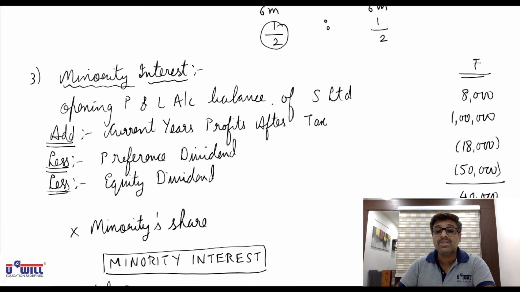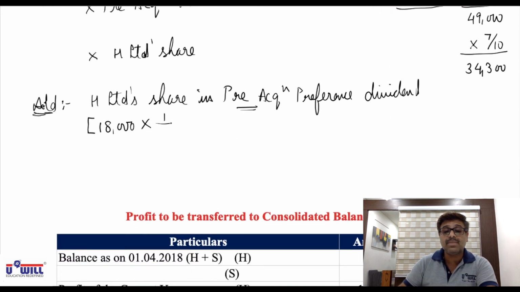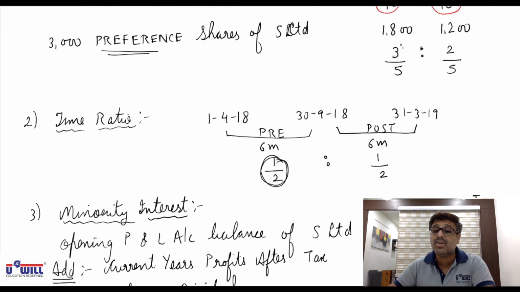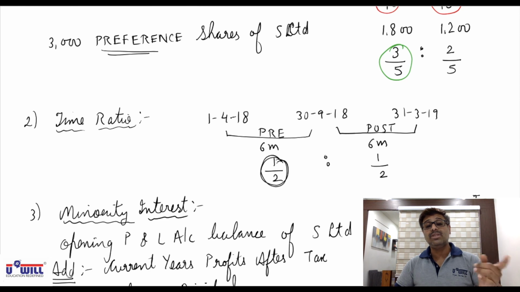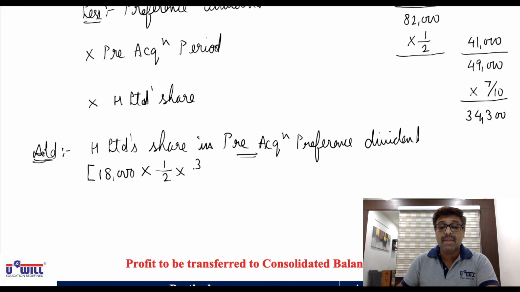So what is the pre-acquisition period? Half. Okay, first half year, 6 months. And then you take holding company's share in preference degree of control, which is 3 by 5. We are finding H Limited's share in pre-acquisition preference dividends.